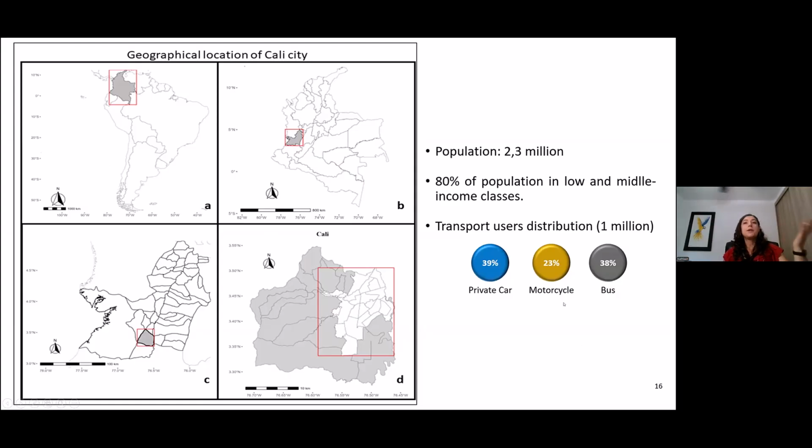And here we have a very big participation of motorcycles in the total fleet in the city that every day move about 1 million passengers. And also this city has a very high road accident rate. And that's why we thought it was a very interesting case study to analyze this typical transport dynamics of developing countries.